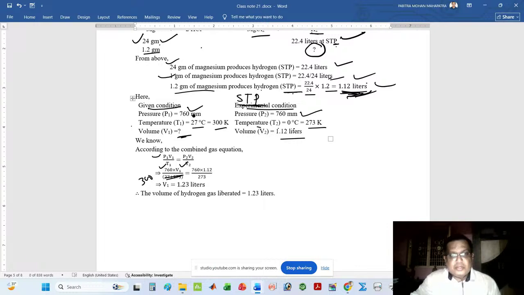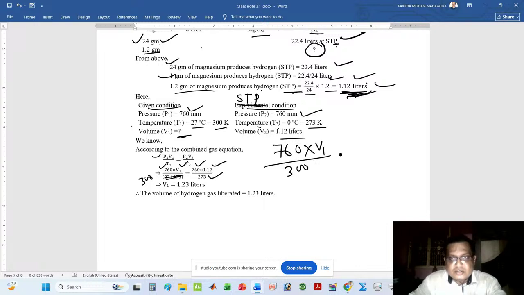V2 is 1.12. Next, T2 is 273. So here the equation is like this: 760 into V1 divided by 300 equal to 760 into 1.12 divided by 273.